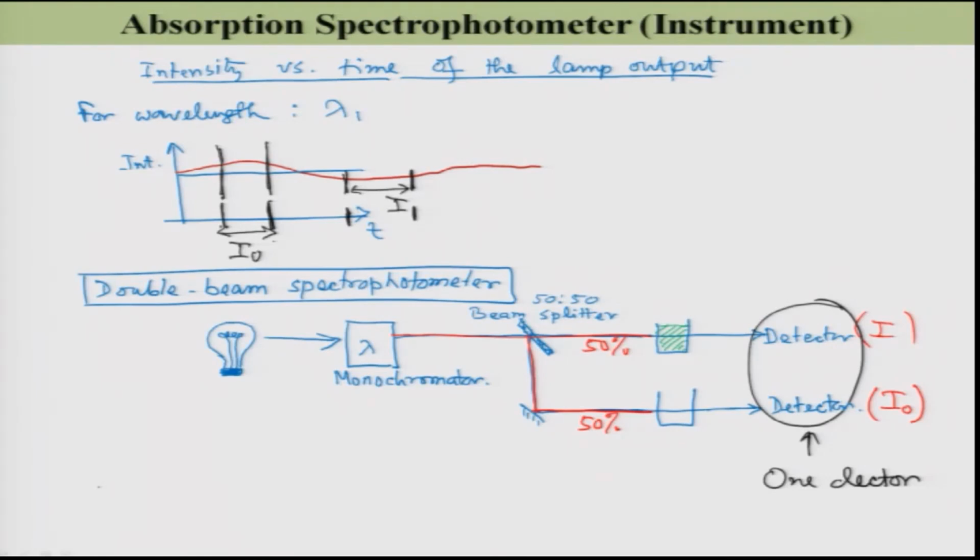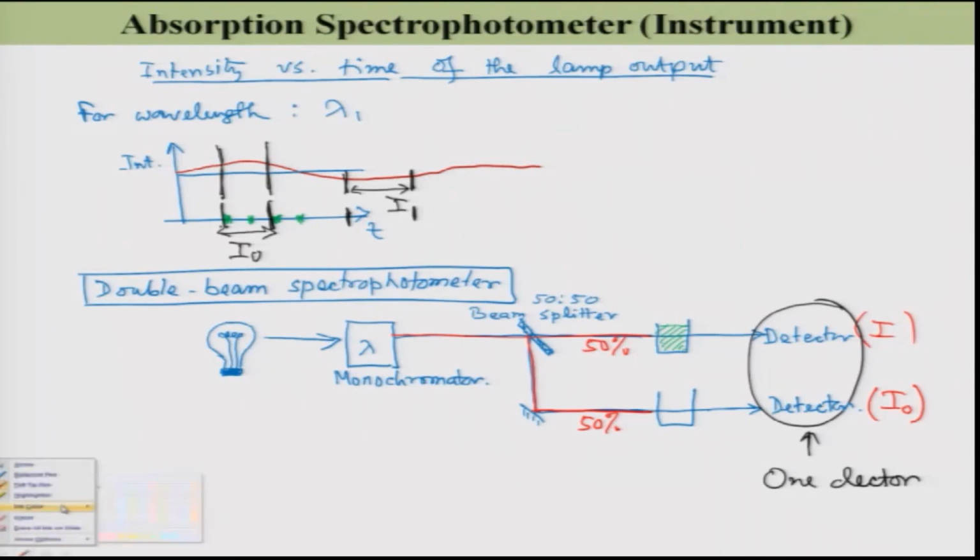But in this case, you are going to measure I over here, then again you will measure I over here, again over here, and just next to it you are going to measure I0.